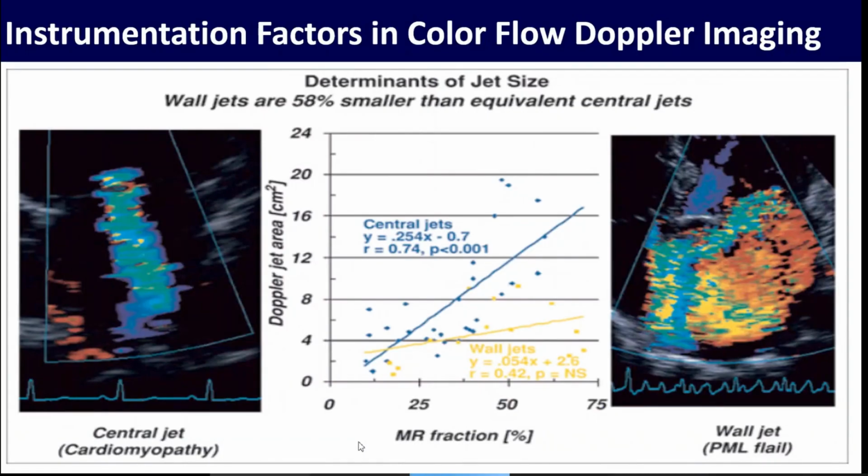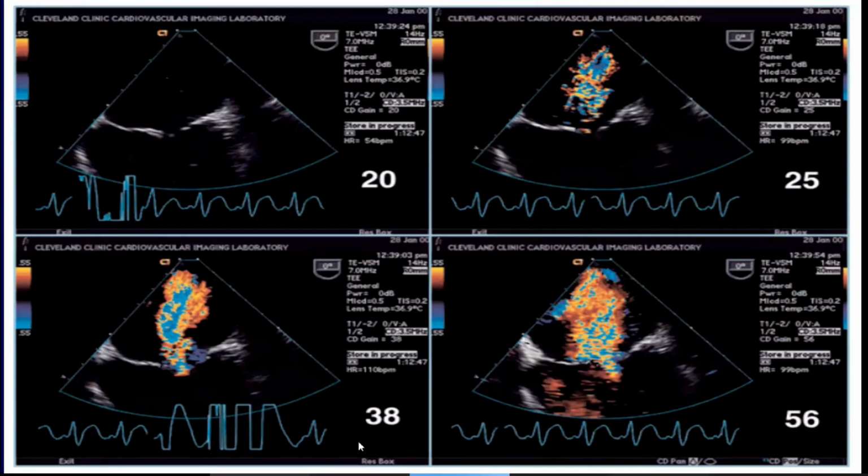If we keep the color flow velocity frequencies optimal, only then we'll get the correct picture. But if the scale is altered, you may underestimate or overestimate a color flow signal.